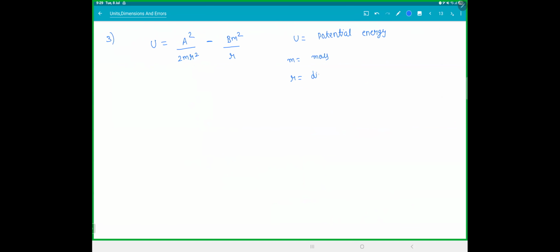Find the dimensions of A and B. Think for a minute, then I'll show you. This is another way of asking questions. This is your third model.